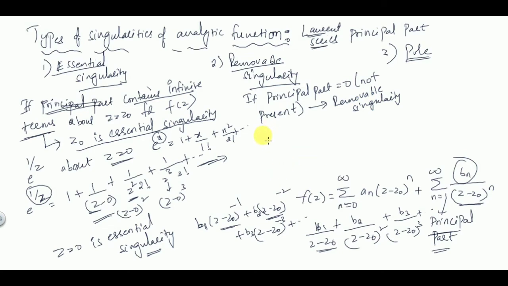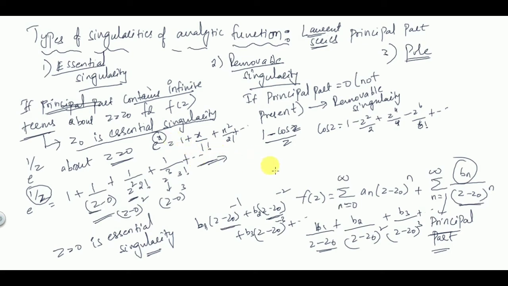Suppose you take (1 minus cos z) by z. So what is cos z? Cos z is 1 minus z square by 2 factorial plus z to the power of 4 by 4 factorial minus z power 6 by 6 factorial plus so on. This is the expansion of cos z.